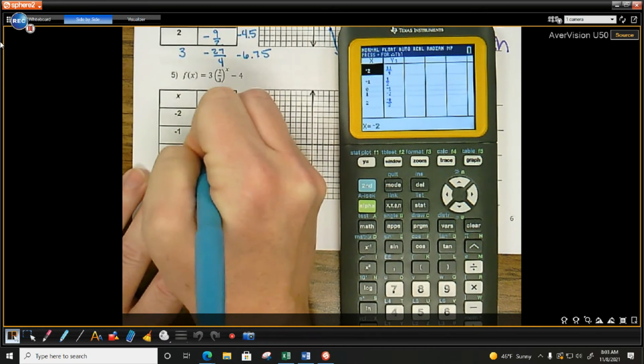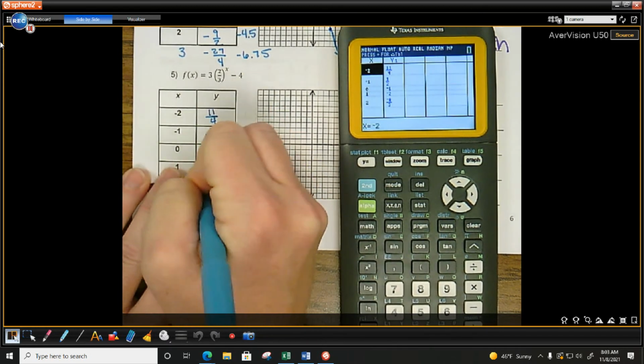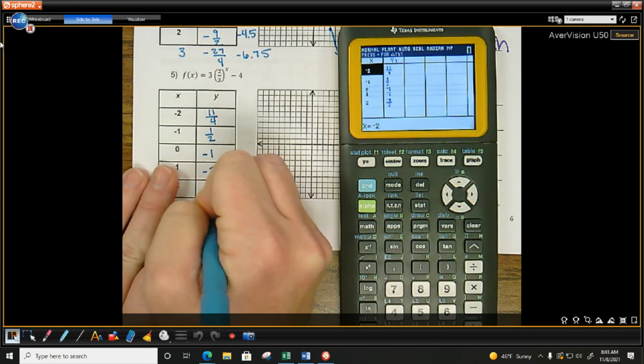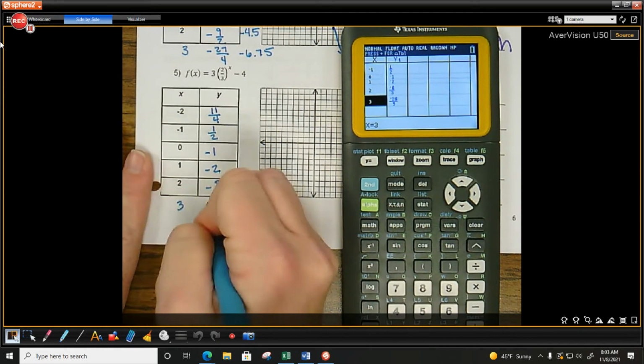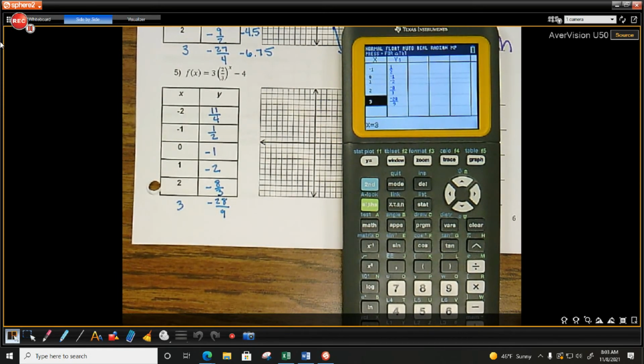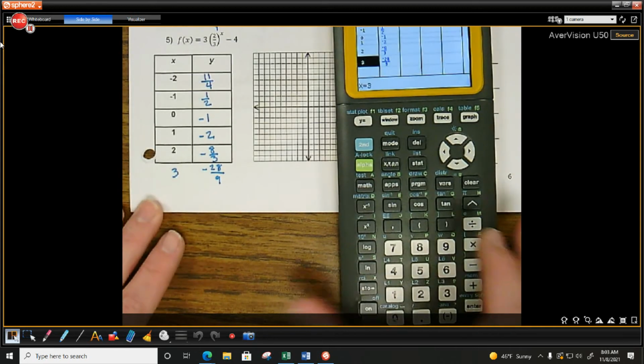And then let's also do 3. I'm just getting those values off of my table. And again, I'm going to put them in the calculator so I find their equivalent decimal.